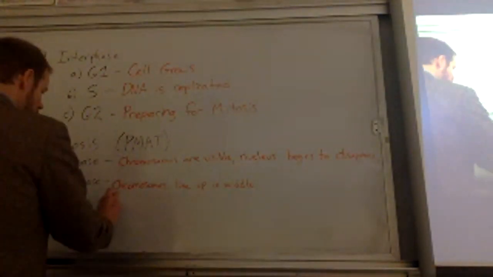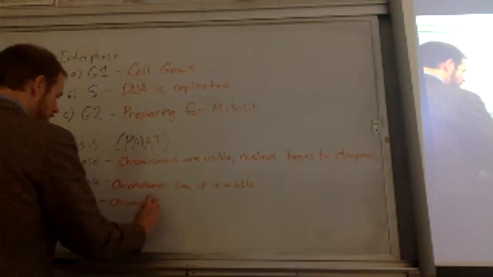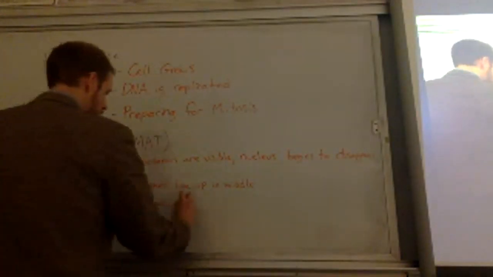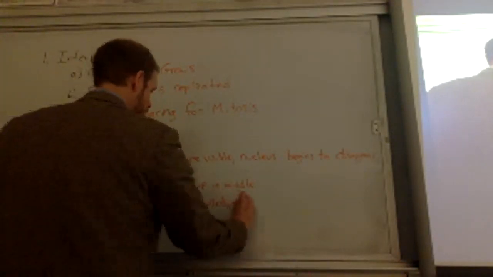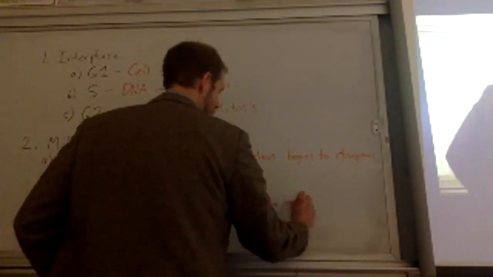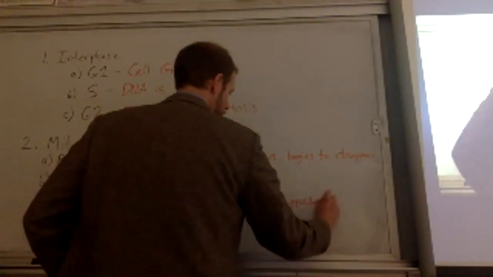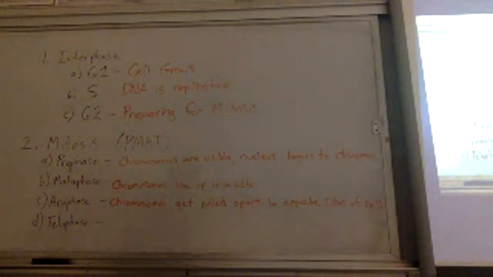So chromosomes get pulled apart to opposite sides of the cell. All right, so chromosomes get pulled apart to opposite sides of the cell in anaphase. And then telophase, T for who?